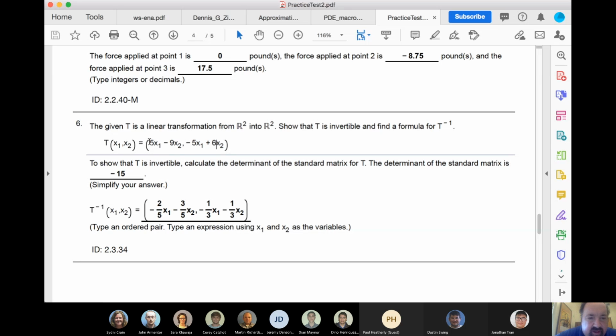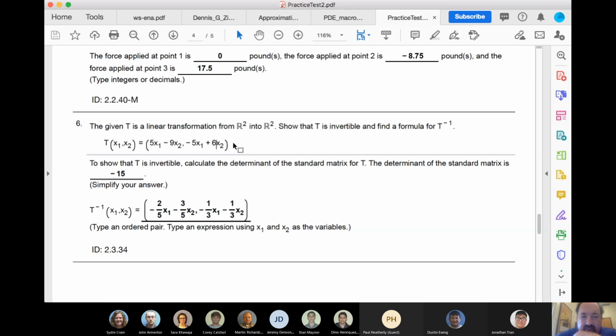If we do what I described earlier, we swap the diagonal entries, and then you negate the off-diagonal entries, then you would have 6, 9 in the first row, and then 5, 5 in the second row. Since the determinant is minus 15, the only way you would have a 2/3 is from having a 10 here, which you're not going to have.